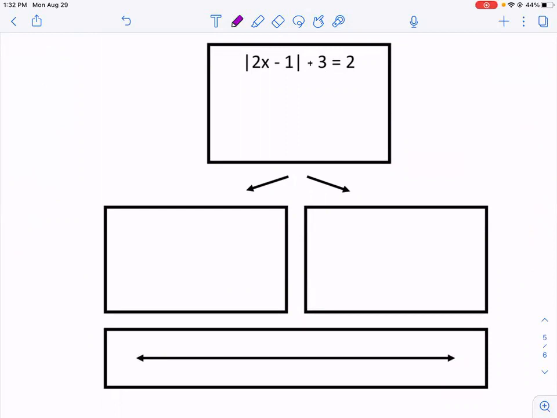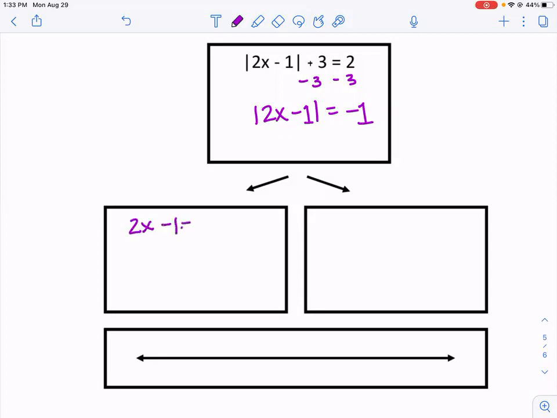Okay, let's look at this one right here. Is the absolute value by itself? No. Okay, so I'm going to subtract 3. The absolute value of 2x minus 1 equals -1. Okay, so now what do we do? We find the temporary solutions.